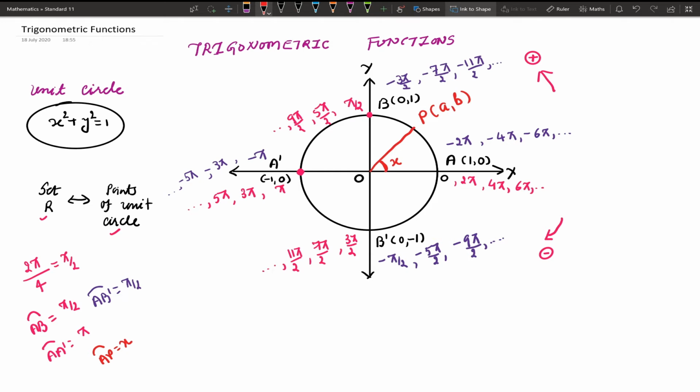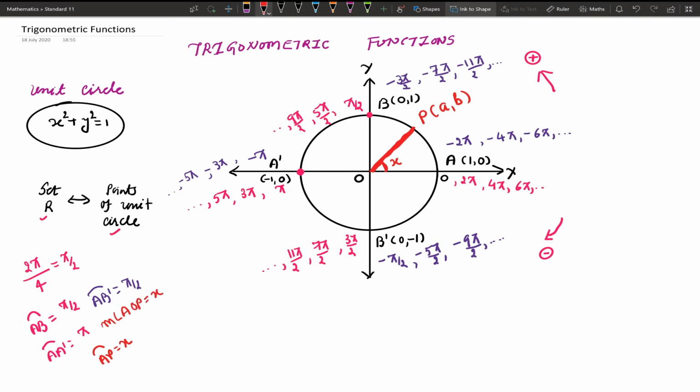Then the trigonometric point is the point of the unit circle P (a, b), and the measure of angle AOP is equal to x.